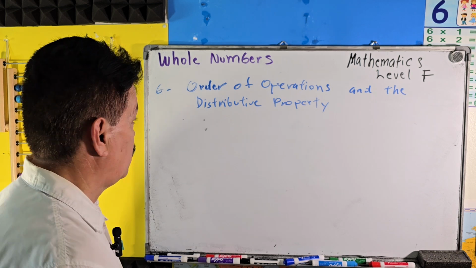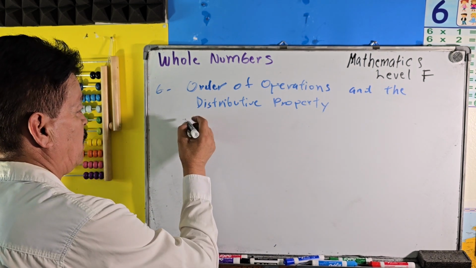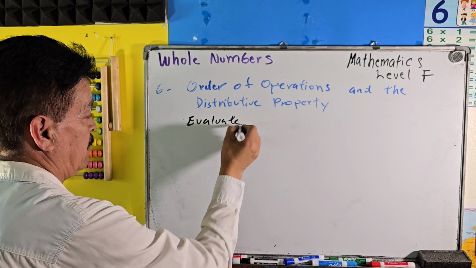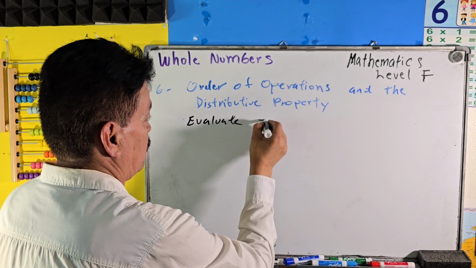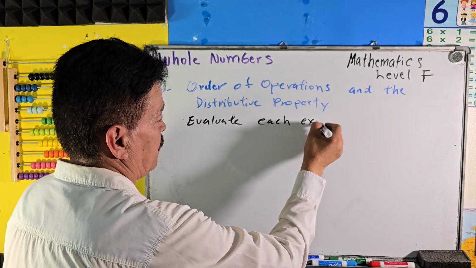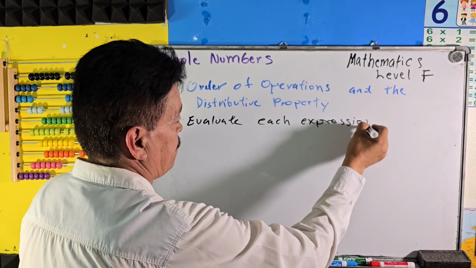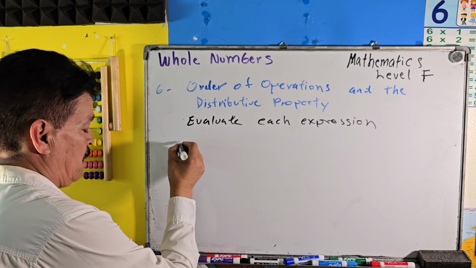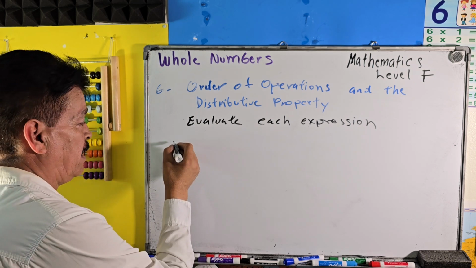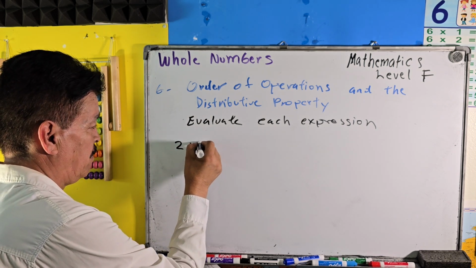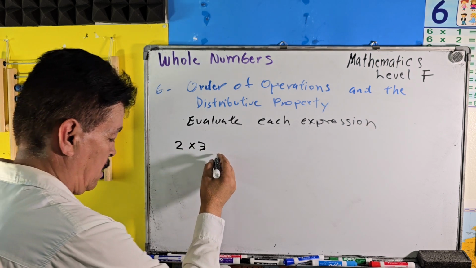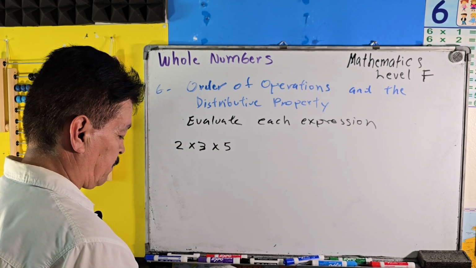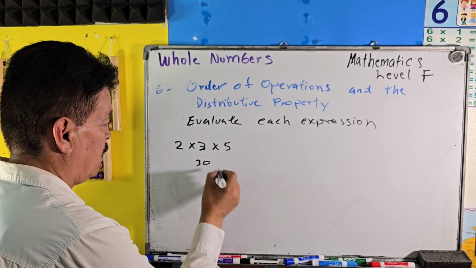Okay, now let me do some exercises. It is very important to evaluate each expression. I will write the problems and then evaluate them later. 2 times 3 times 5, here is 30.